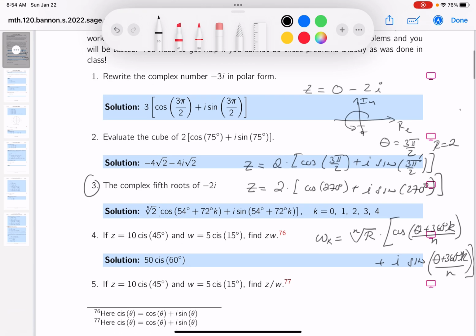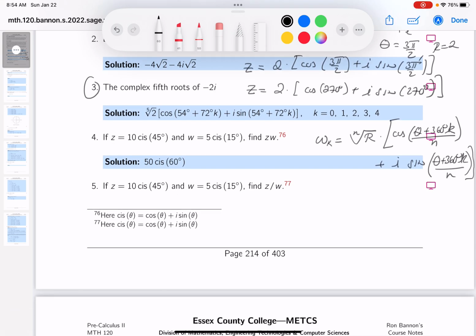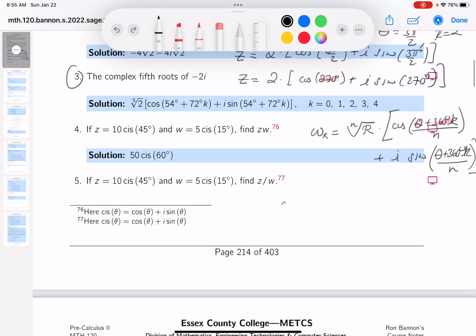I'll close that out. I'm going to pull this up a little bit and start writing it down now. There's a common computation here: the 270 is going to be put over here, so it's 270 plus 360 degrees k, all over n.